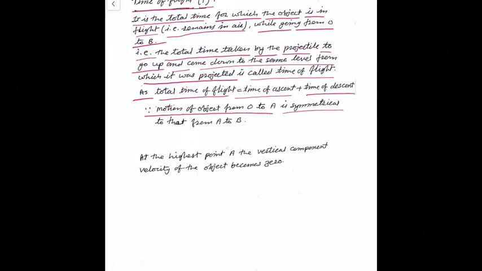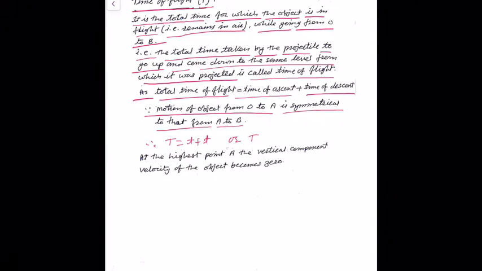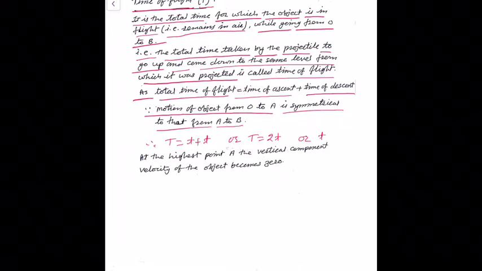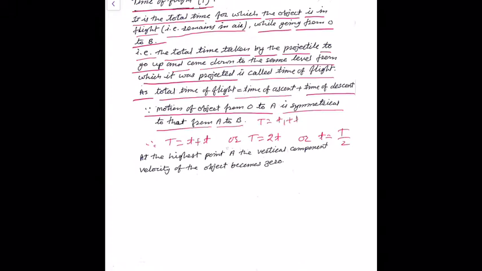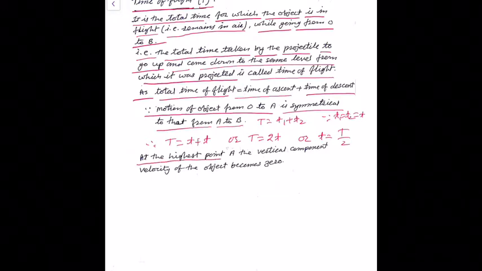Since the motion of the object from O to A is symmetrical to that from A to B, therefore capital T is equal to t plus t. Or we can write capital T equal to 2t, or t equal to T by 2. Capital T equal to T1 plus T2; in this condition, T1 is equal to T2 is equal to say t.